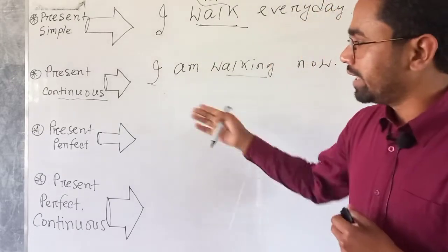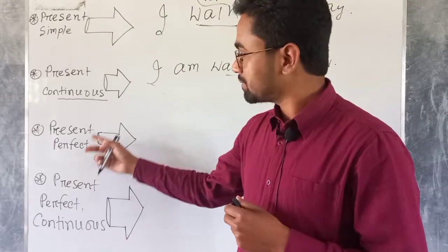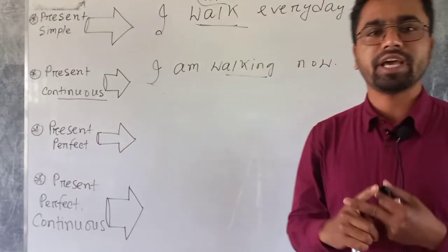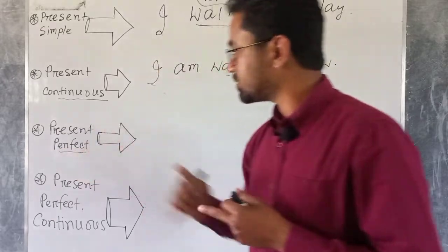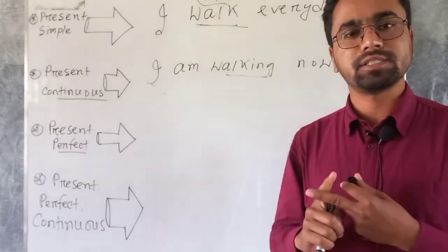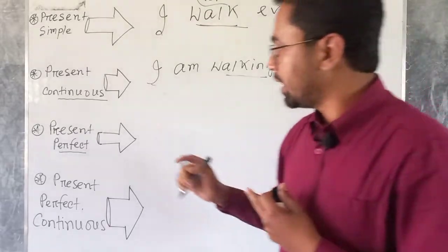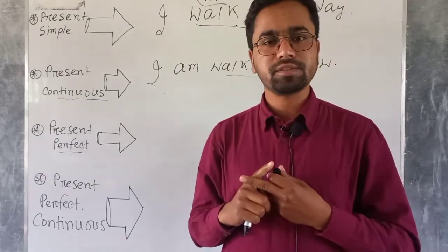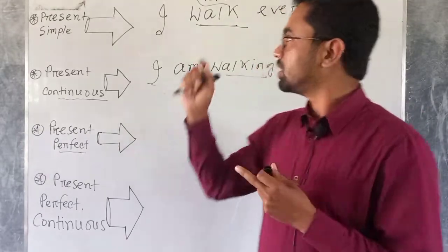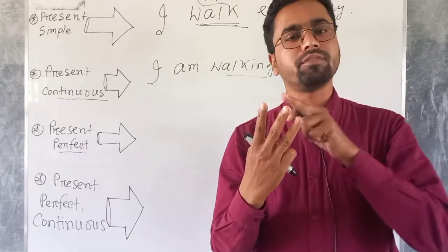Okay? Let's move on to the next, that is present perfect tense. Yes, perfect means have or has. You have to use it in the sentence. And one thing I must say, in perfect tense you need to use the principal verb in past participle form.